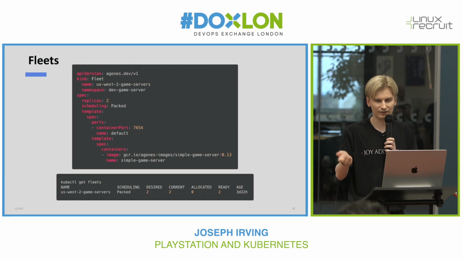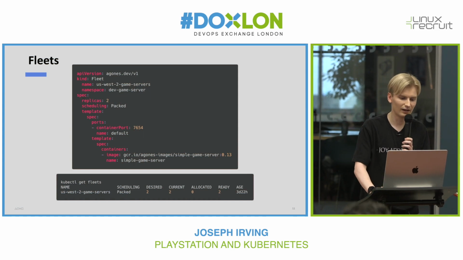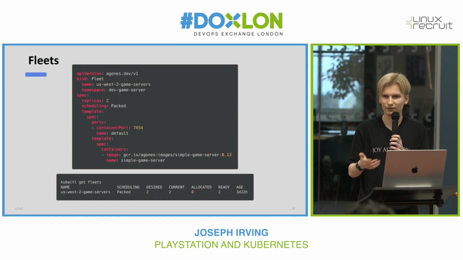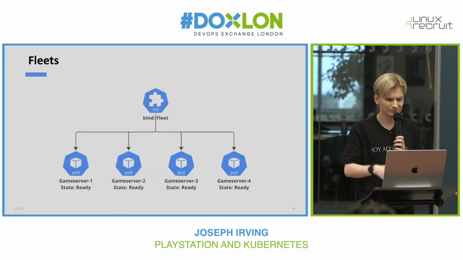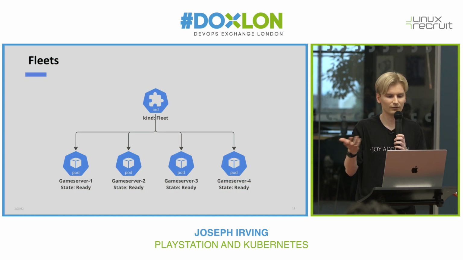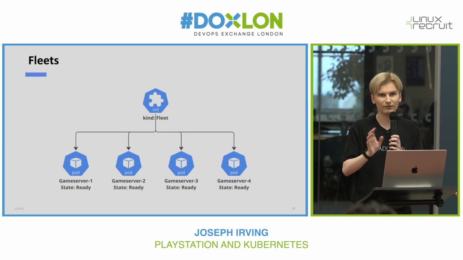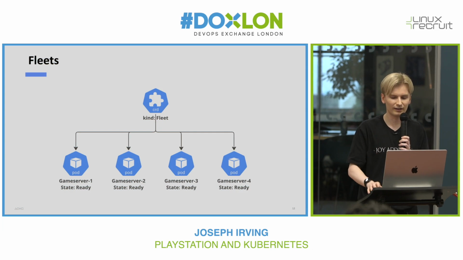If you're familiar with that, you have the number of replicas, the container image, etc. You can scale it up and down just like you would a deployment, and do rollouts by updating it, etc. You create a fleet, it creates multiple replicas of your game server, so you have multiple instances for players to connect to. But what makes a fleet different from a deployment is it is aware of the status of said game servers.